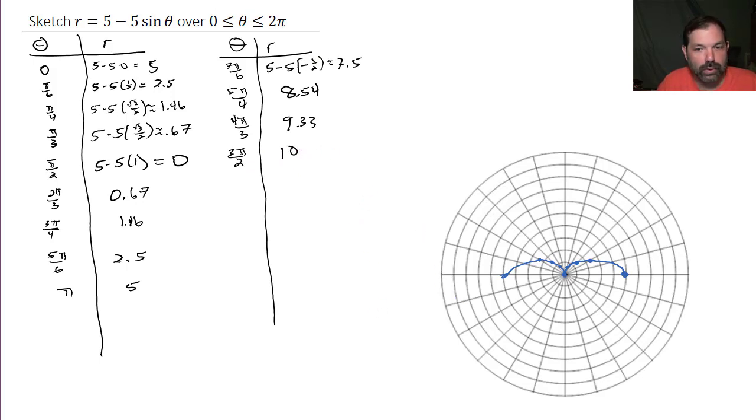Let's plot those points. So at 7 pi over 6, so that's on this axis, I'm out to 7.5. At 5 pi over 4, 8.54. At 4 pi over 3, 9.33. At 3 pi over 2, I'm at 10.